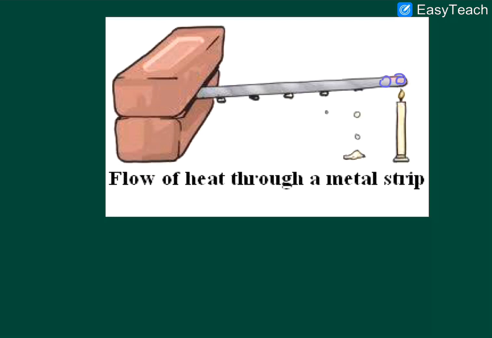So we can just draw a few molecules representing the molecules of the solid. Here, the candle is acting as the heat source. The molecules at the end of the iron rod, which is getting heated by the candle, will pass the heat energy to the next molecule.